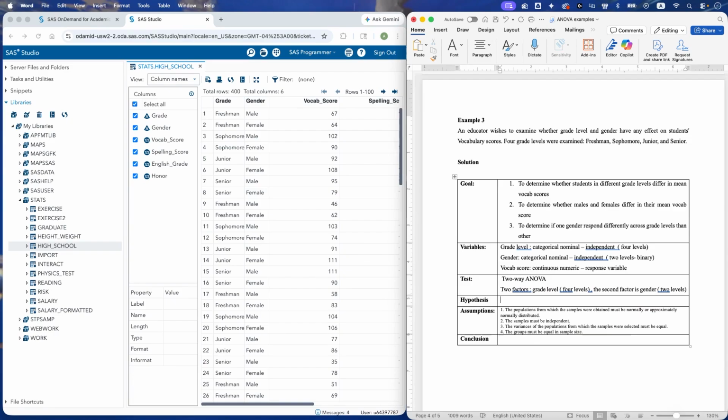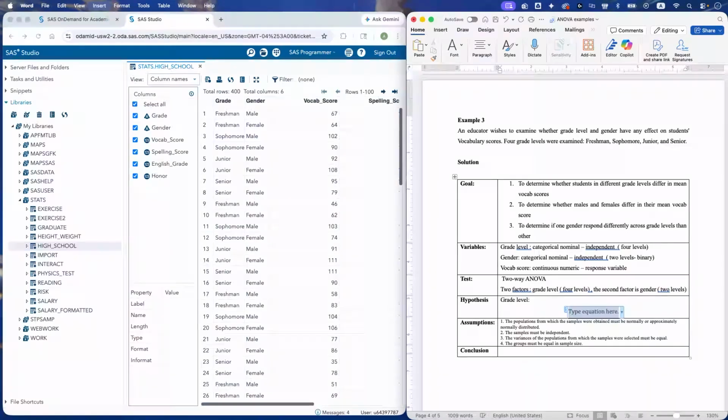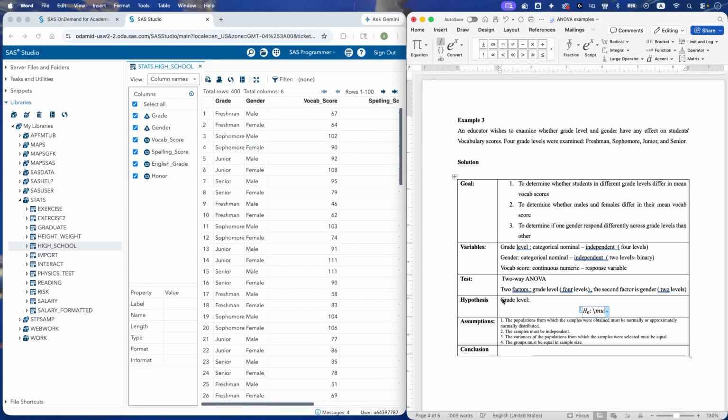For the first one, we are going to do something that we know already, which is a hypothesis. Let me write it. Let me put level. This is the first one. The first hypothesis, H naught: mu for freshman is equal to mu for sophomore, equals the mu of junior, equals the mu of senior.